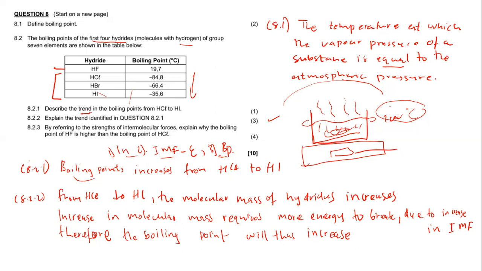There are different types of intermolecular forces: London force, which is called dispersion force, or mutual induced dipole force, and then we have the dipole force. We have the hydrogen bond. We all know those different types of intermolecular forces. So 8.2.3 says, by referring to the strength of intermolecular forces, explain why the boiling point of HF is higher than the boiling point of HCl.